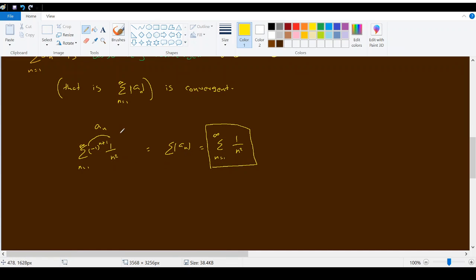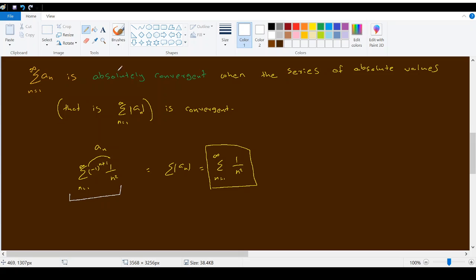So basically the absolute values of this series is convergent, or in other words, we can say that this is an absolutely convergent series, because the absolute values of this series is convergent. In the next video we will go over some more examples and theorems related to absolutely convergent series.